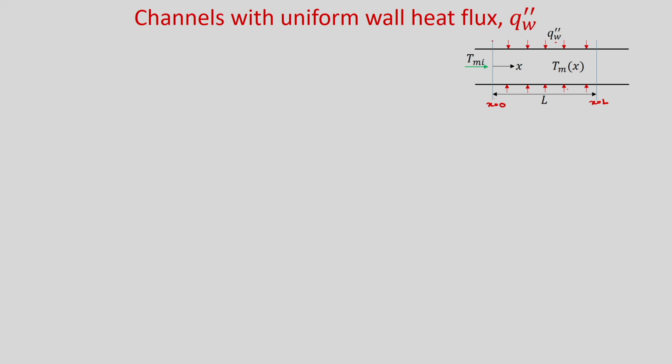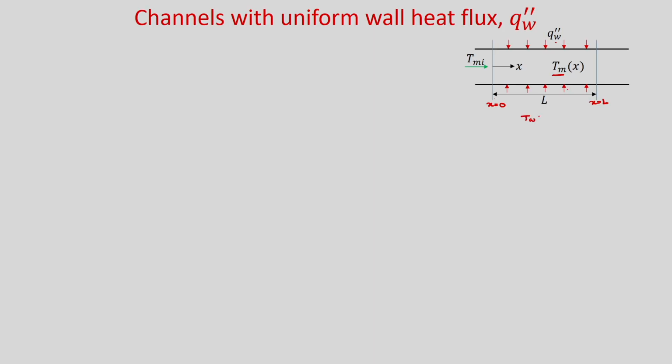Obviously, you can see at this section if you consider the mean temperature, the inlet mean temperature will be Tmi, and at any section x you can find the mean temperature Tm. As we considered uniform wall heat flux, the temperature at the wall Tw will also vary in the axial direction.